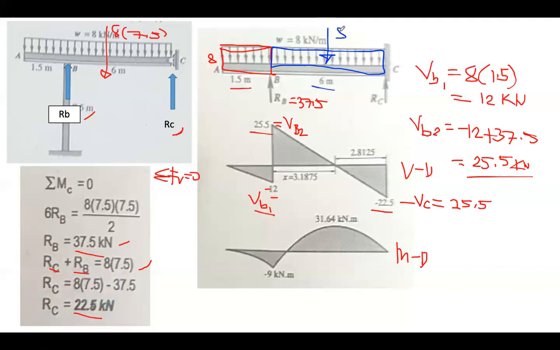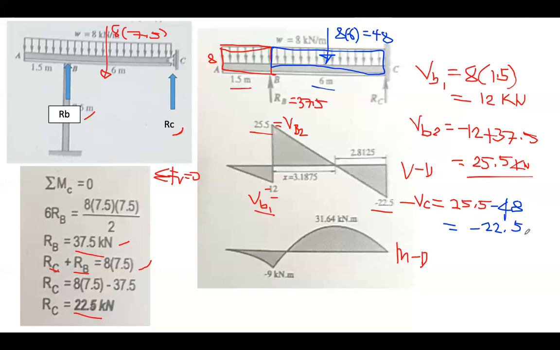So you have your 8 times 6, which is just 48. It's going down, so that means it is negative 48. So obviously, you have negative 48 plus 25.5, which is negative 22.5.